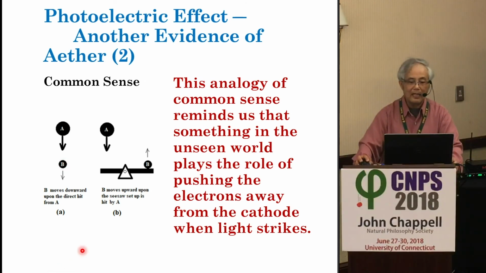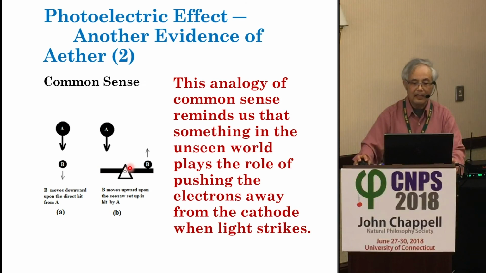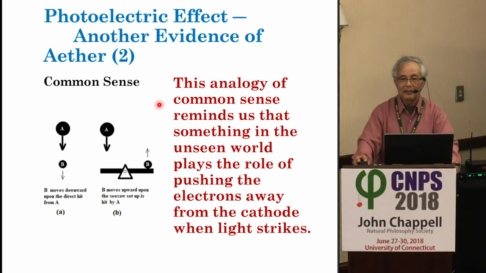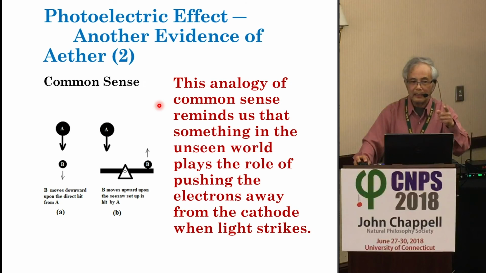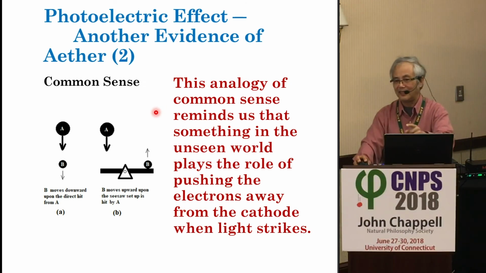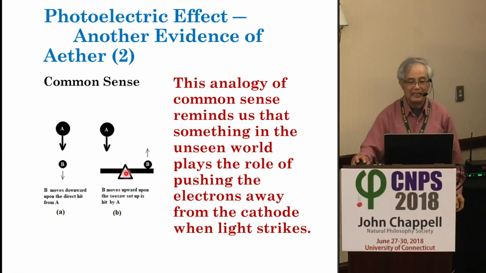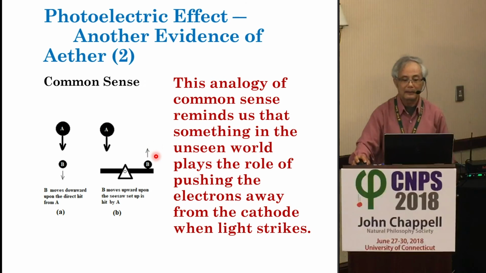Right? But now, because of this seesaw setup, when A hits this end of the seesaw, B will go up. It means that in the photoelectric effect, there is some third party to play the role of reversing the direction, just like the seesaw in this setup.